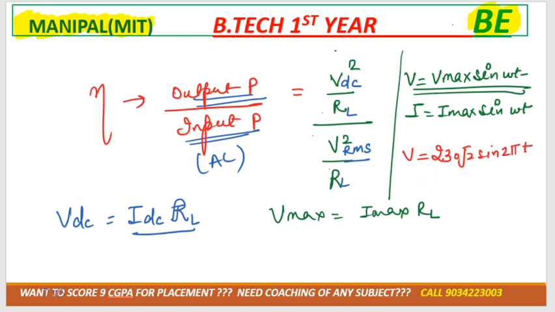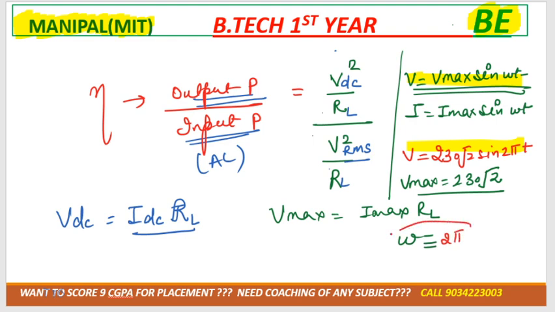So from here can we compare this equation with this equation? So we'll get Vmax equal to 230 root 2, right? And tell me the value for omega. Omega is 2 pi. Okay, understood?